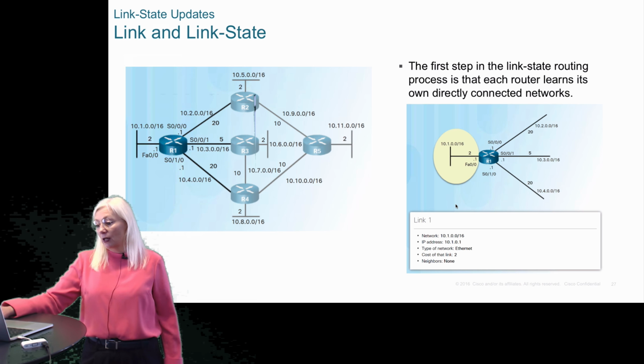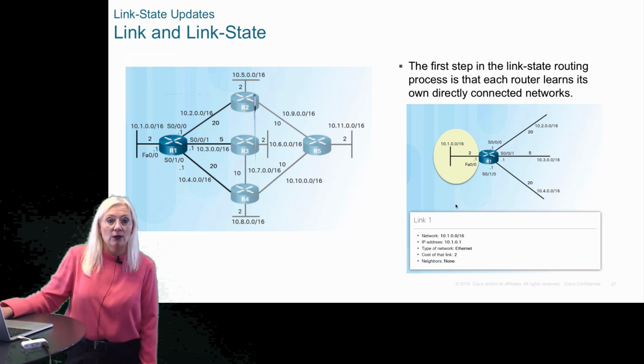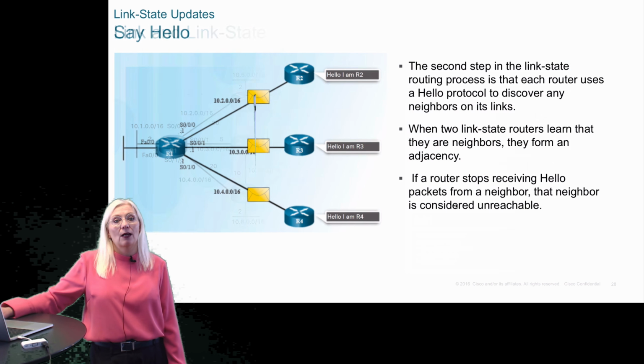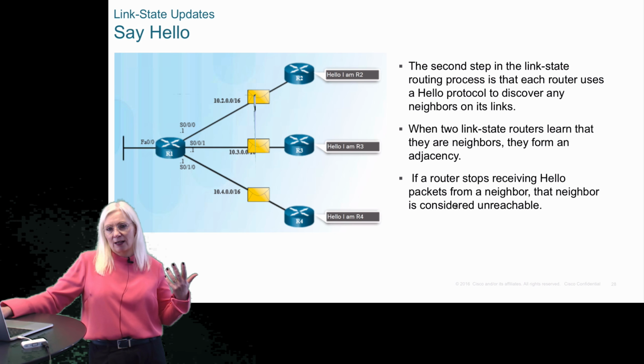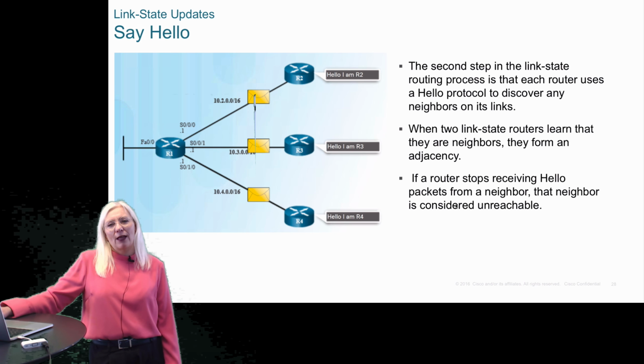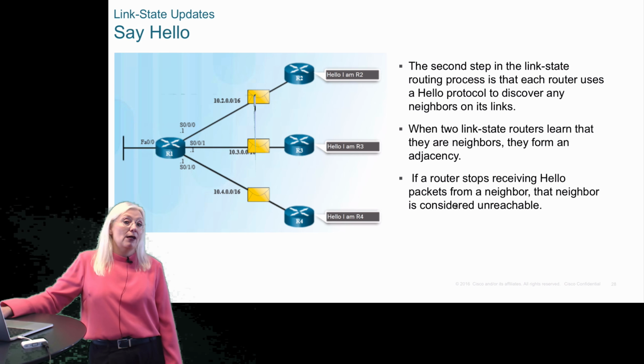When we start, the routers know about their own directly connected networks, and then they start sending hello packets to their neighbors, saying I am router 3, I'm router 4 and so forth. The hello packet is a kind of keep-alive packet. If they stop receiving them, they will consider their neighbor as unreachable.